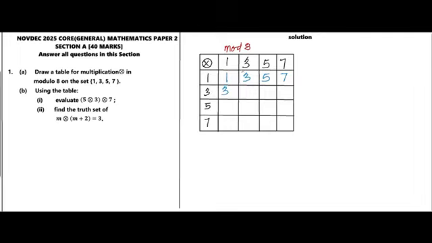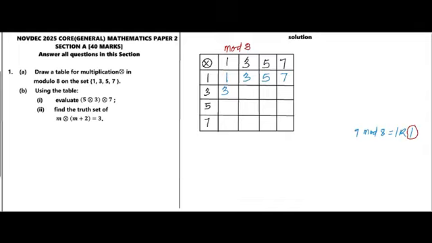3 times 3 is 9. Then 9 in mod 8: 8 goes into 9 once, remainder 1. And we know that in mod, the remainder is the answer.